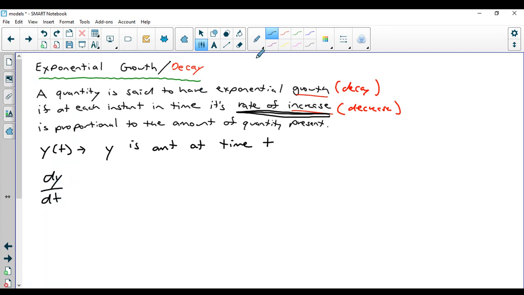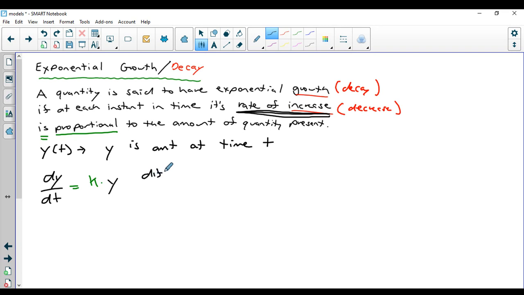Now we're saying is proportional, just like we did on that previous slide. So is my equal sign, proportional, some constant times the amount of quantity present. Well, y itself is representing the amount quantity present at a certain time t. So here is a differential equation modeling this real life phenomenon, specifically dy/dt equals k times y. That is a differential equation for exponential growth.